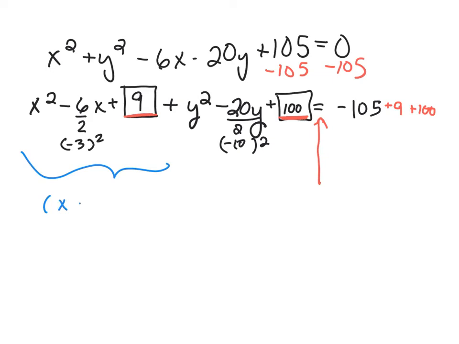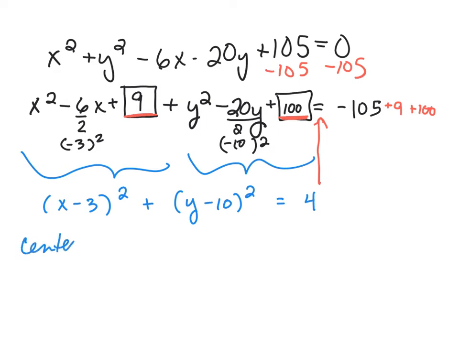Cool. Now I have a perfect square trinomial. It's x minus 3 quantity squared. And I now have a perfect square trinomial, y minus 10 quantity squared. And that equals 4. So now I know the center of this circle is 3, 10, and the radius is 2.